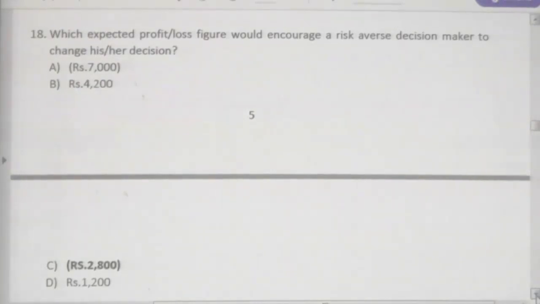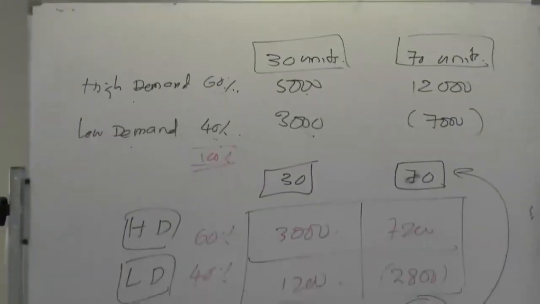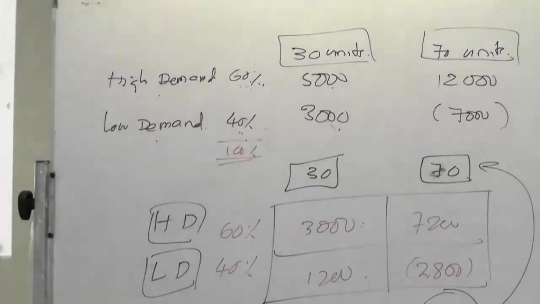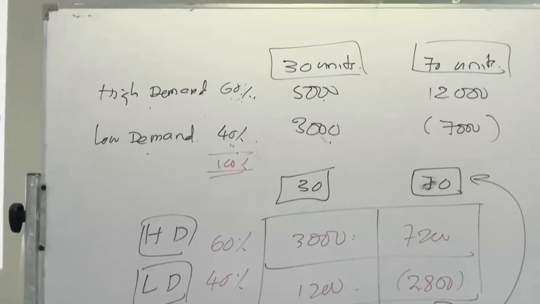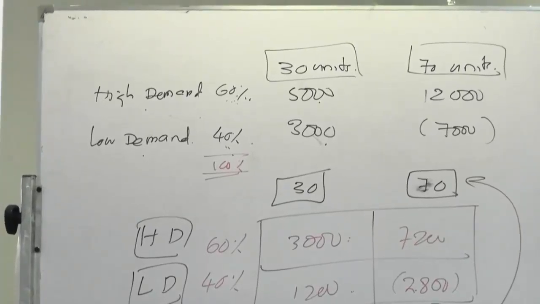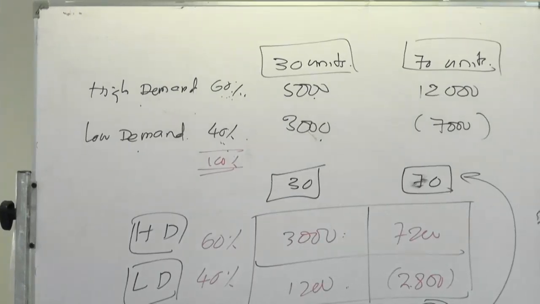Now, if you use the table I have given on the whiteboard, right? I have given on the whiteboard an expected profit table for the 30 units category. For this risk averse person, in the 30 units category, the lowest profit will be 1,200. If we do not consider the probability, lowest profit will be 1,200. Under the 70 units category, the lowest profit is minus 2,800.